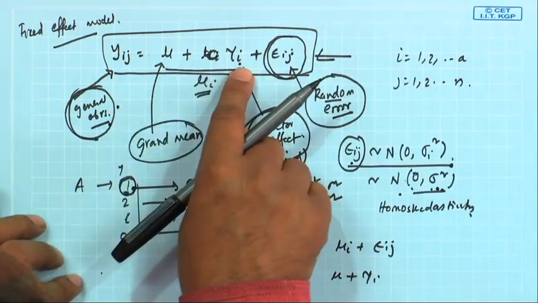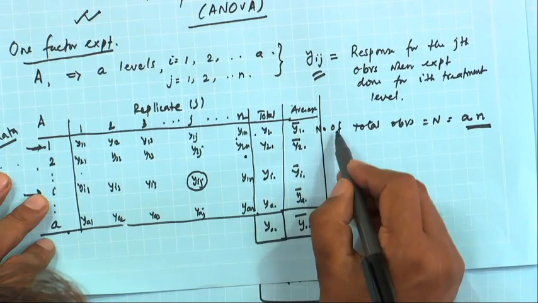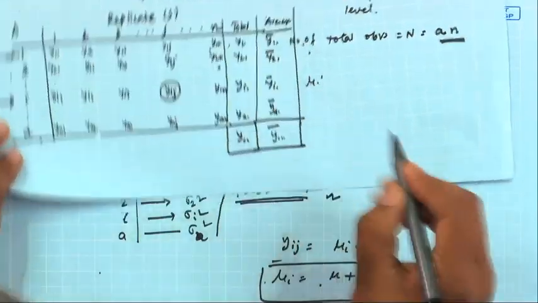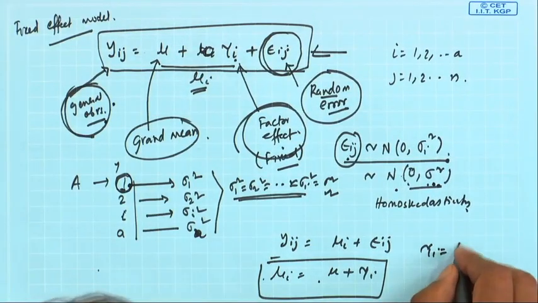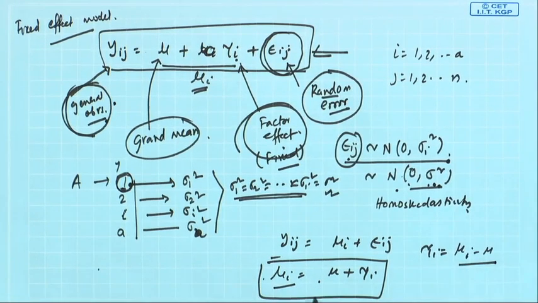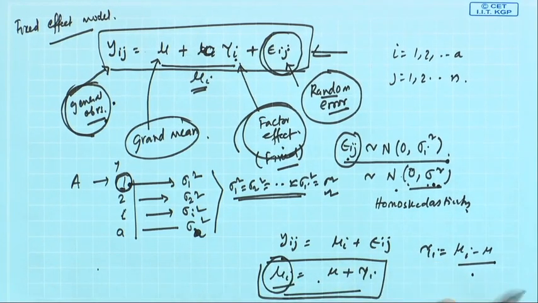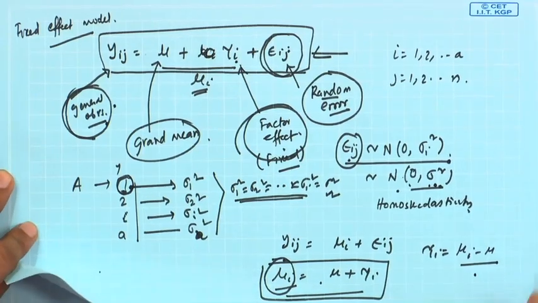Overall mean plus factor effect gives you the mean at each level. So, the mean at the first level is mu 1, the mean at the second level is mu 2, the mean at the ith level is mu i. Then what we are saying is that tau i equals mu i minus mu. Here mu i is the mean of y at each level, the ith level. If i equals 1, this is the first level.